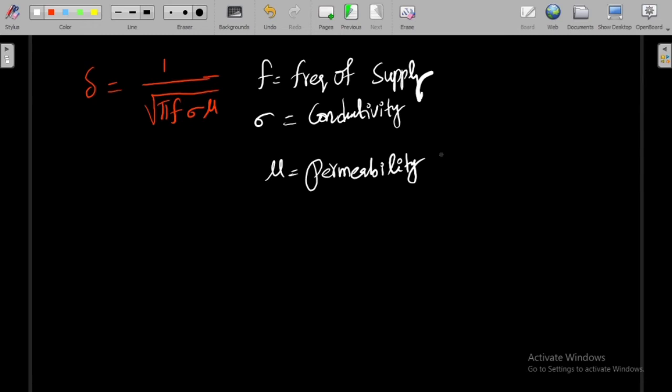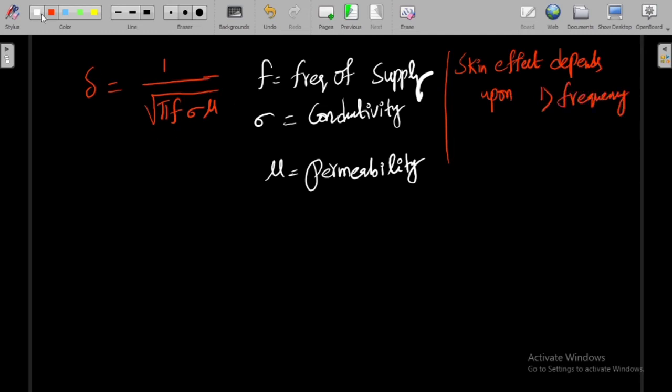Right? And also this skin depth or skin effect depends upon several factors. If you observe here, skin effect depends upon, one, the frequency of the supply. Is it right or not?